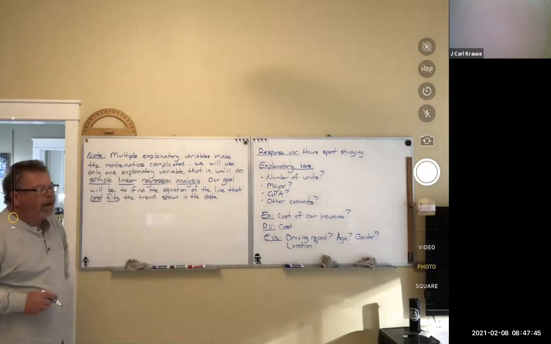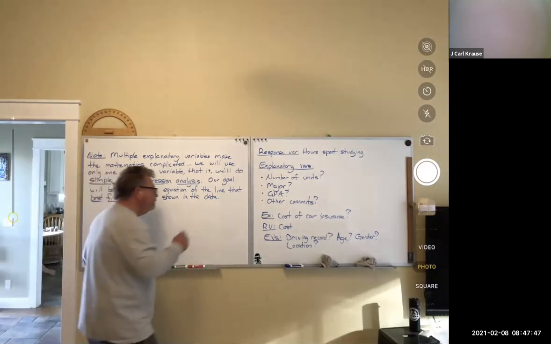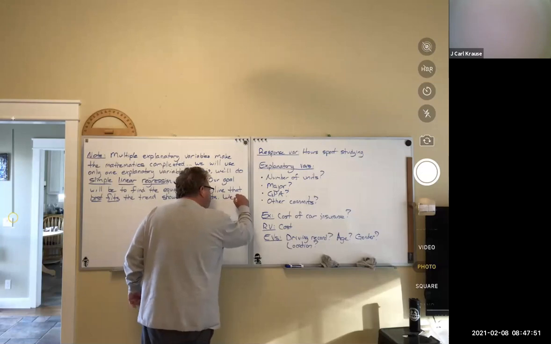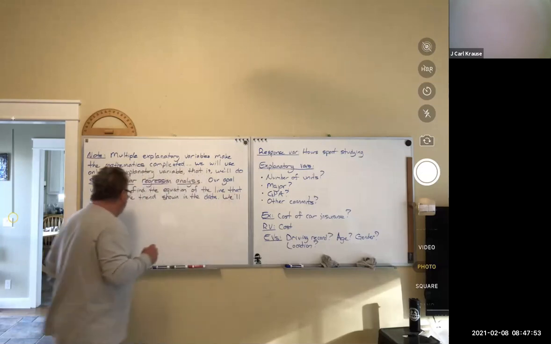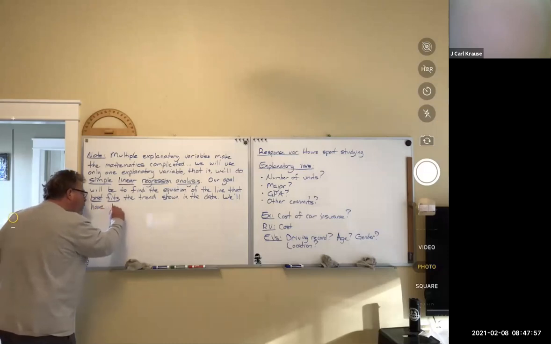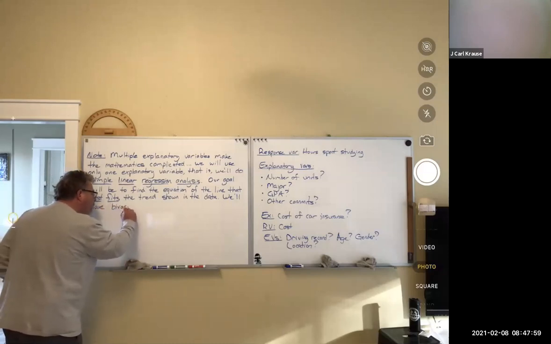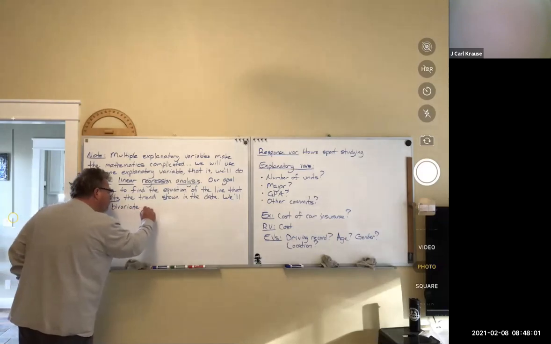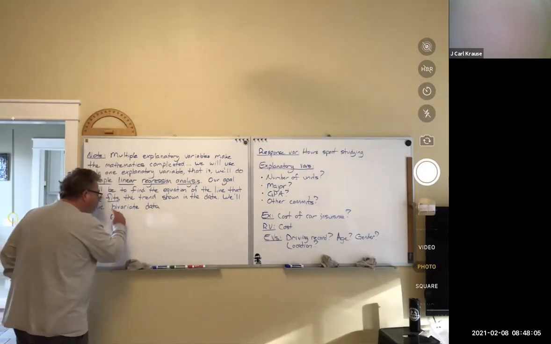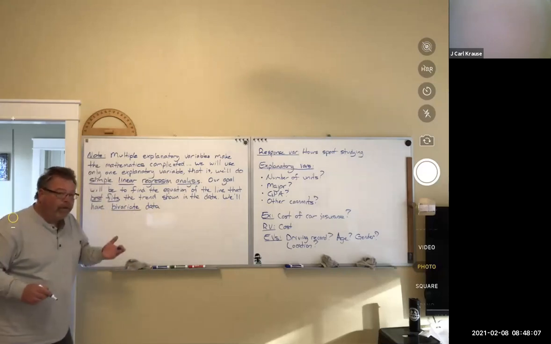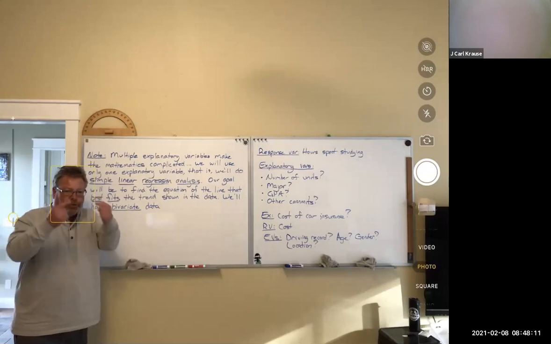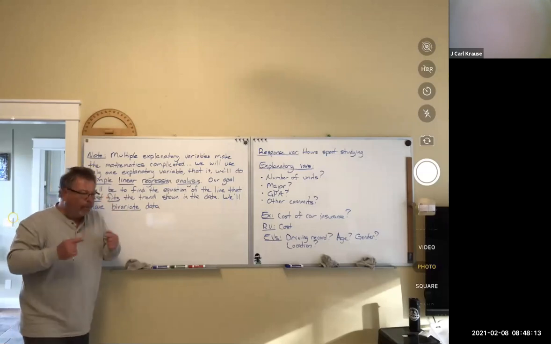All right, now what the hell do I mean by that? We will have what's called bivariate data, which is a fancy way of saying data that consists of two numbers, pairs of numbers.